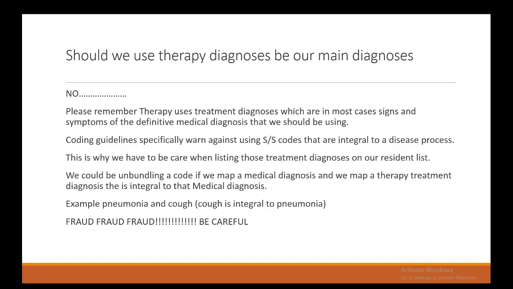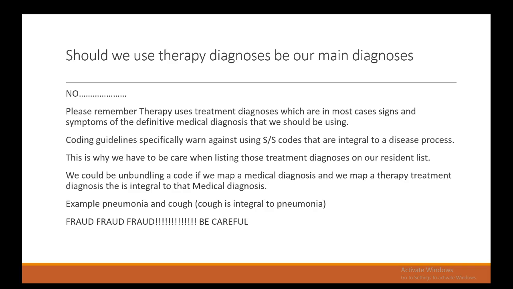Should we use therapy codes diagnosis as our main diagnosis? Y'all know better. No, no, no. This is not going to change. We don't do it now. We're not going to do it in 10. Please remember, therapy uses treatment diagnoses, which are signs and symptoms in most cases, and we use definitive medical diagnoses.